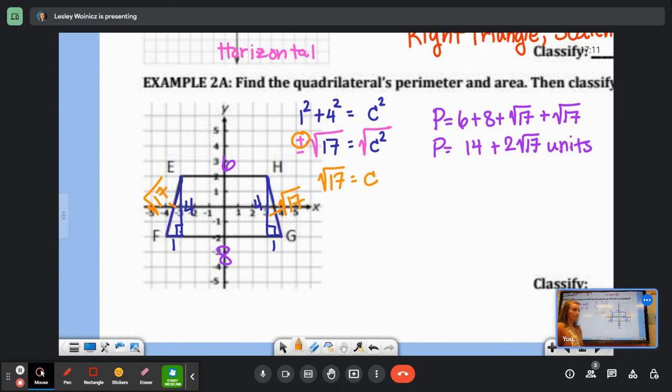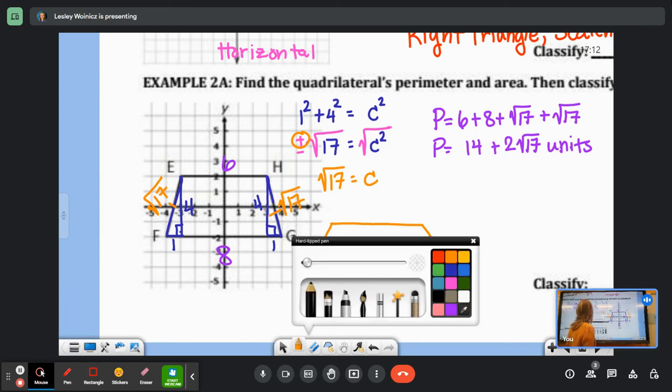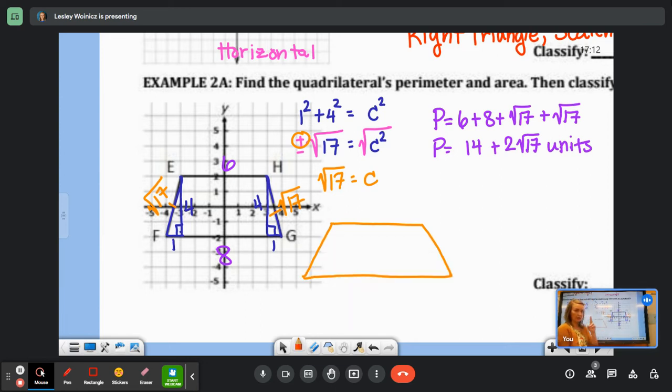Watch what I do here. Let's say I have a figure like this. What I can do is perform a little piece of surgery.